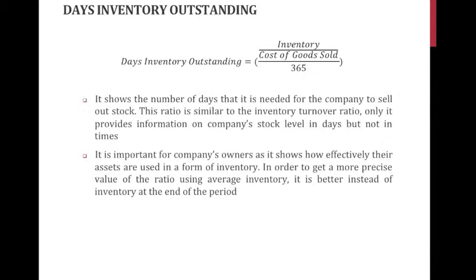But also be careful in very extreme cases. For example, imagine we have a situation where our days inventory outstanding is 5 days. So that means on average it takes 5 days to sell all our inventory held in the warehouse. Of course, from one side, that shows that a company has to invest low levels.